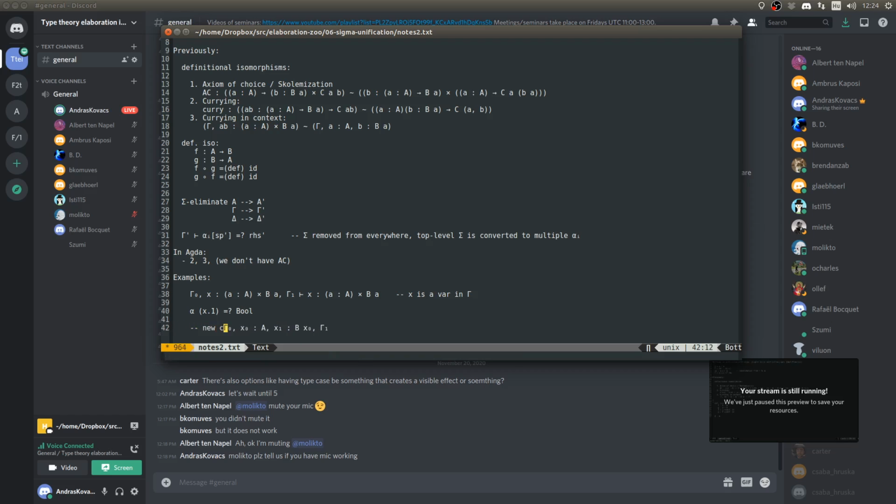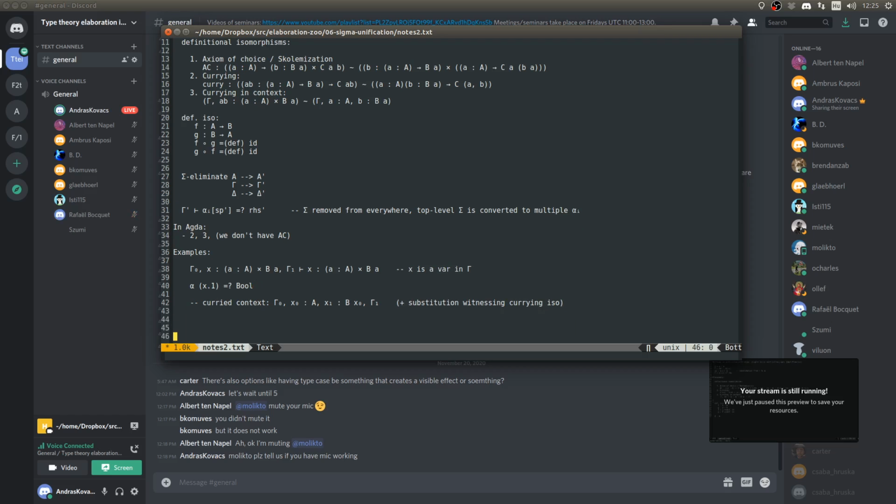So then we have a new curried context. And of course we also need a substitution which witnesses this currying isomorphism. Now we have to transport everything in the unification problem using this currying isomorphism.